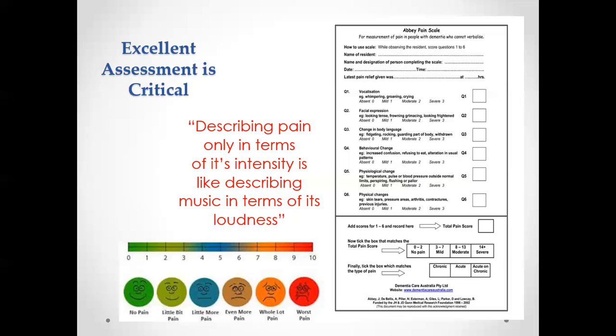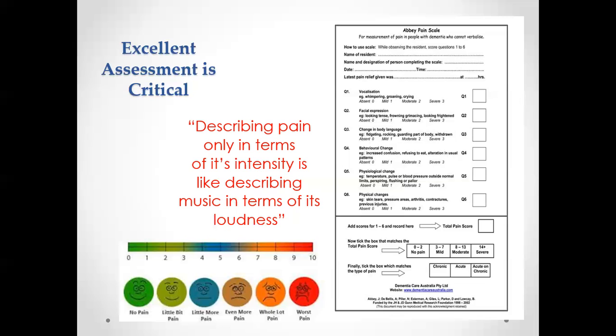And lastly, timing. What time did it start? How long did it last? How often does it occur? Hourly, daily, weekly, monthly? Was it sudden or gradual onset? What were you doing when you first experienced it? When do you usually experience it?